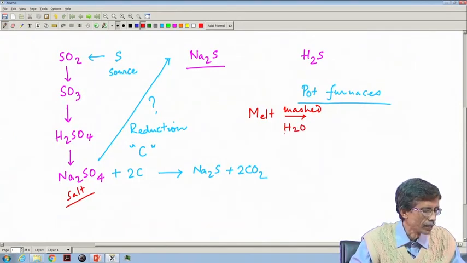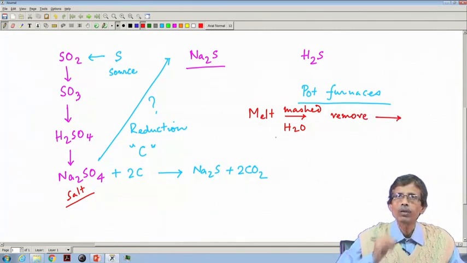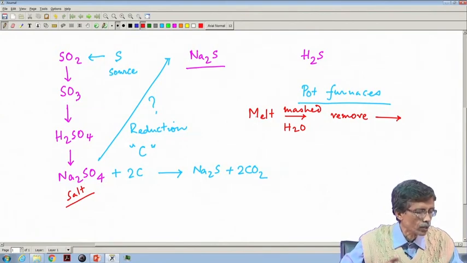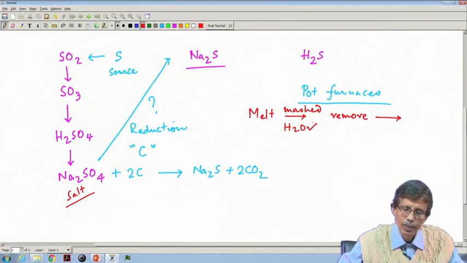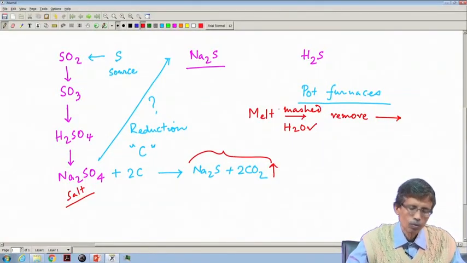Giving water, you mash it, then remove the water insoluble material which is not going into water. What we try to get is the soluble part, the water soluble part. So, this is escaped away, and you have the sodium sulphate melt out of this.